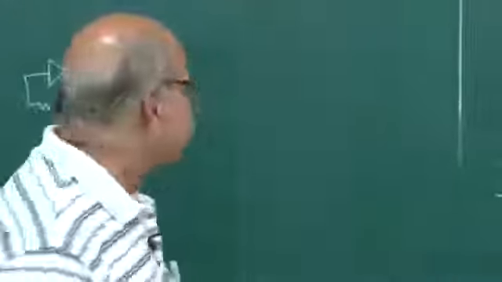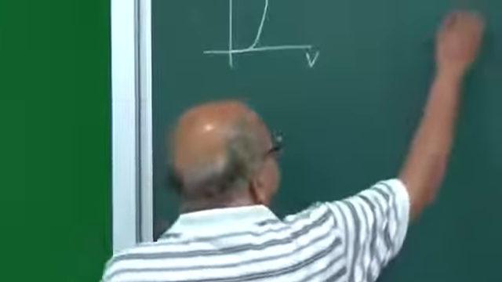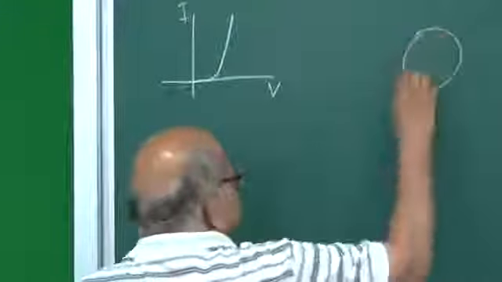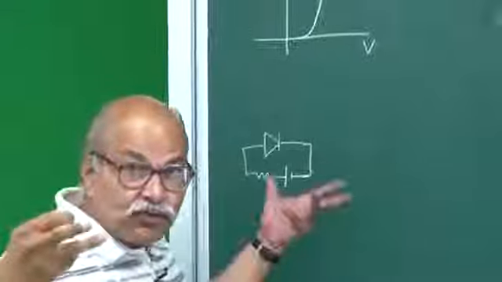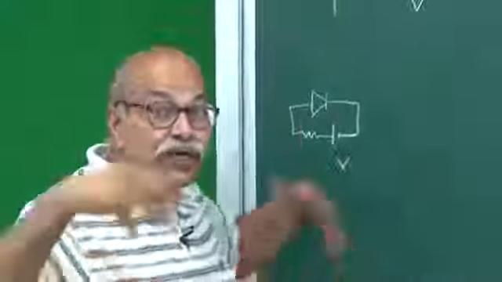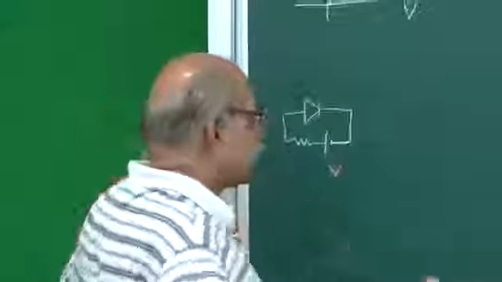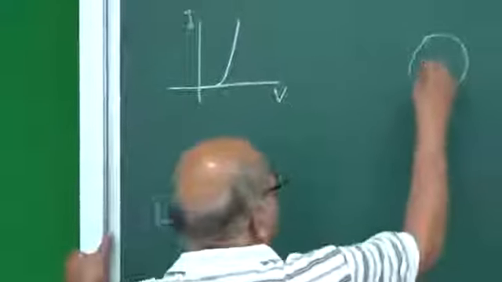For a transistor circuit also, here I have two p-n junctions and therefore two junction voltages and two currents. So there are various combinations possible.